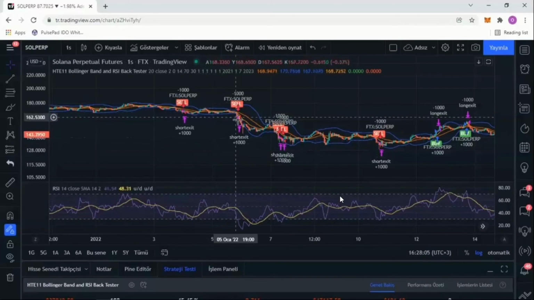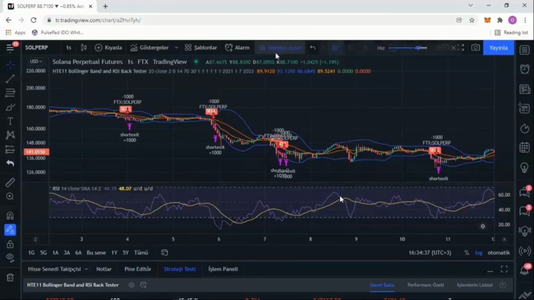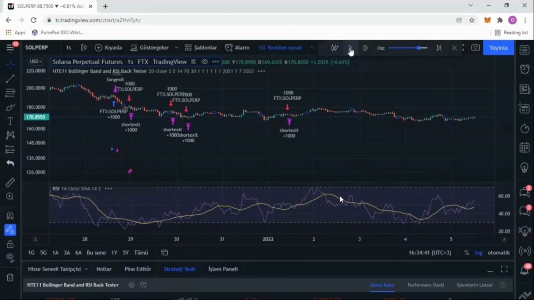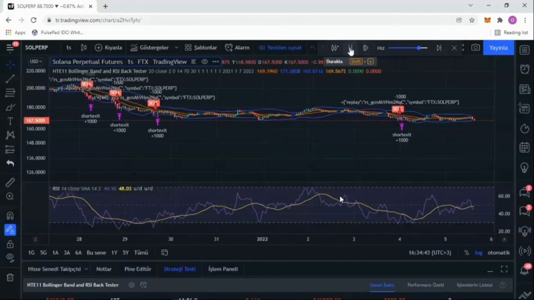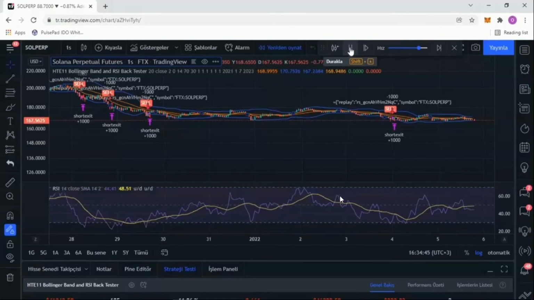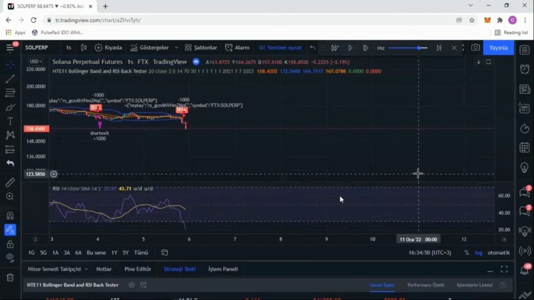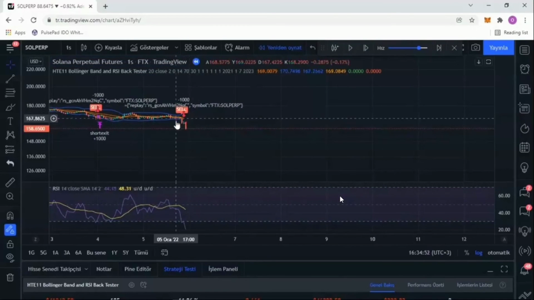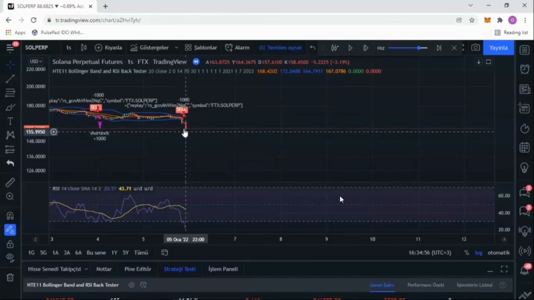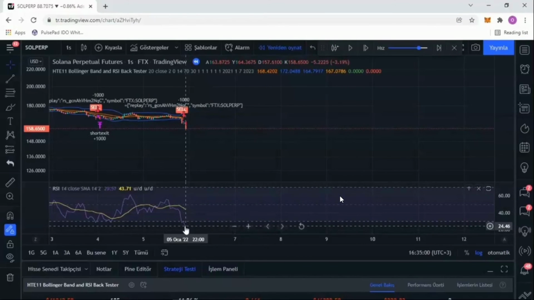Let's check the price action with the replay feature. Let's have a look at that. Price crossed under the Bollinger Band and meanwhile RSI went below 30, as you can see. So we got our sell signal because our oversold condition is confirmed.